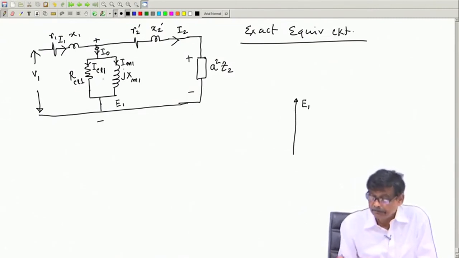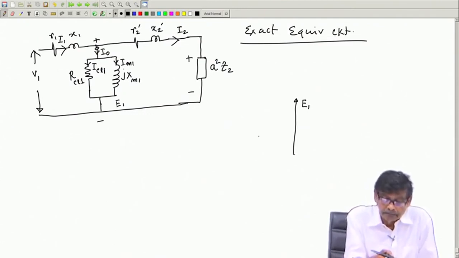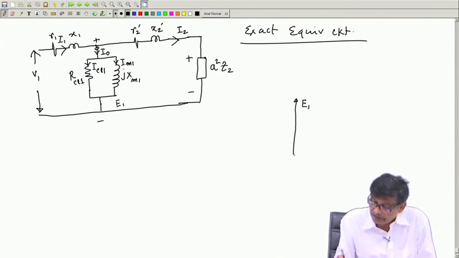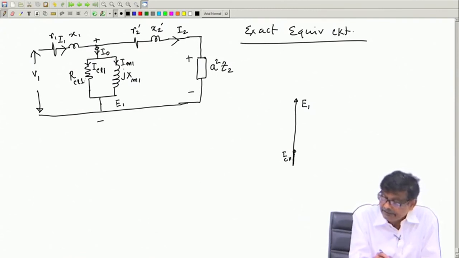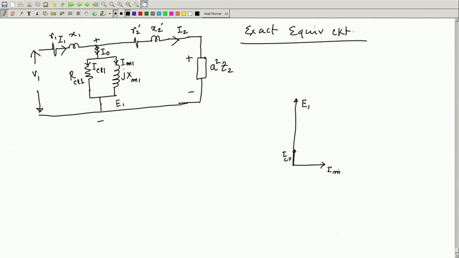If this is E 1, the core loss current ICL 1 will be in phase with this. This resistive current and the magnetizing current will be like this I m, and the sum of these two currents is called no load current I naught. This is the no load current. I have got I naught.